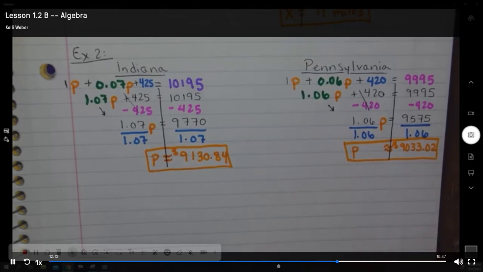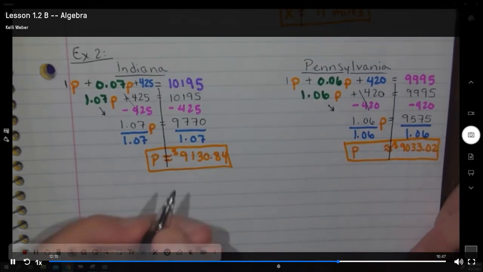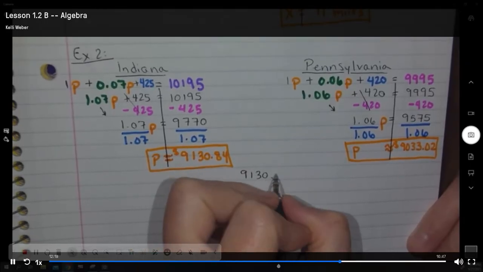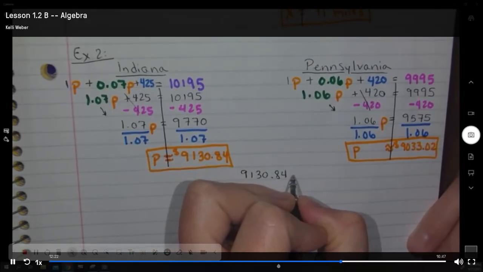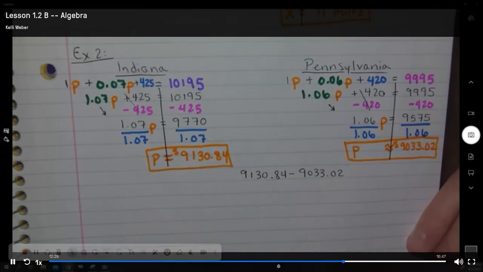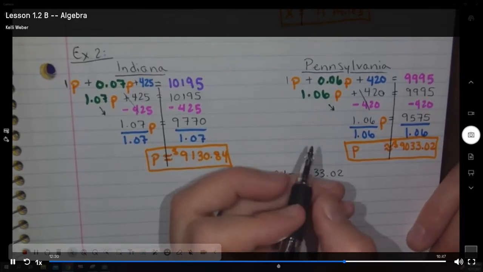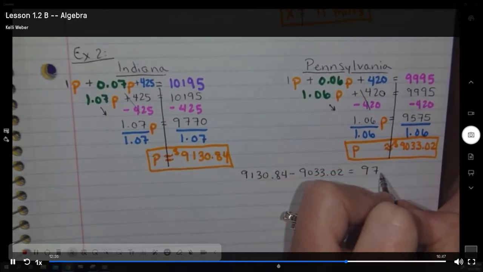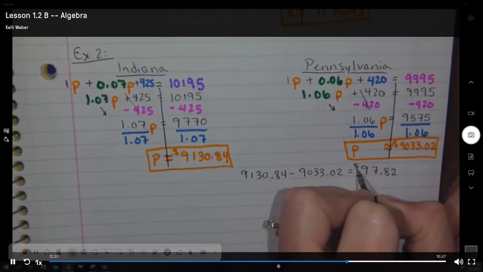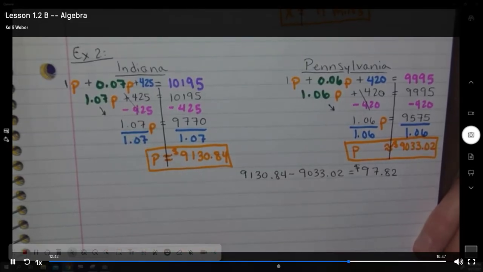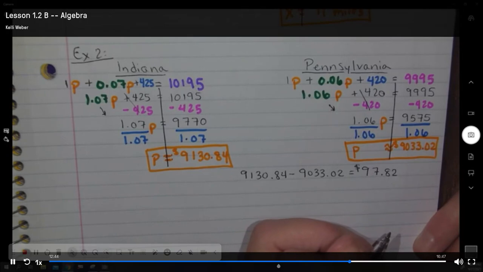So if we're comparing these two amounts, we're basically saying, okay, $9,130.84 minus $9,033.02. What's the difference between them? Well, that leaves us with $97.82 more for the vehicle in Indiana compared to the vehicle in Pennsylvania.